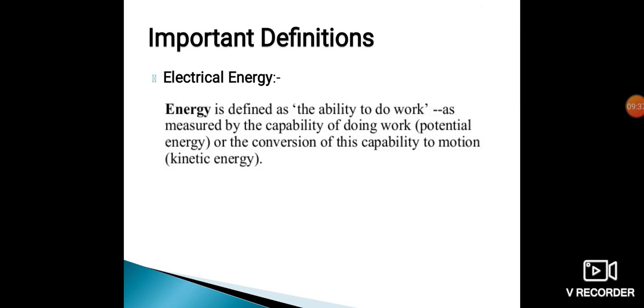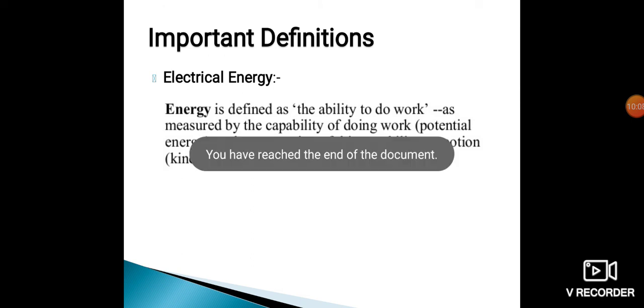That means the capability of the charge to convert its flow into motion, its ability to perform work, how fast or how forcefully it can convert its energy from one form to another form. That ability is called energy.